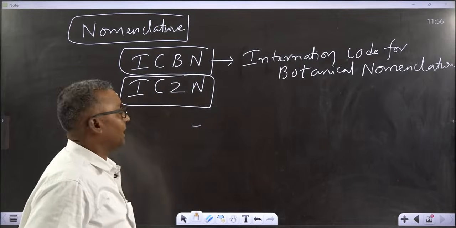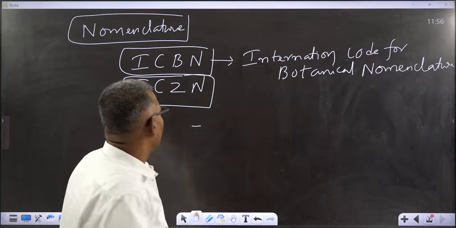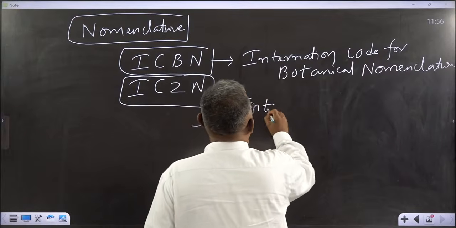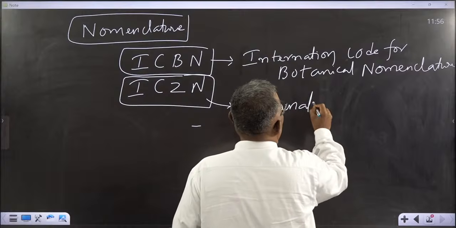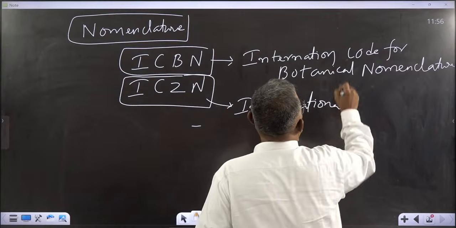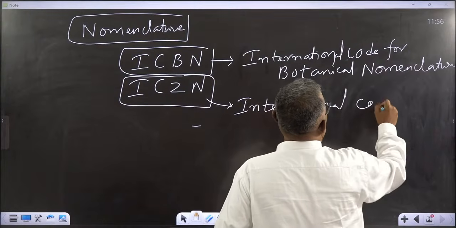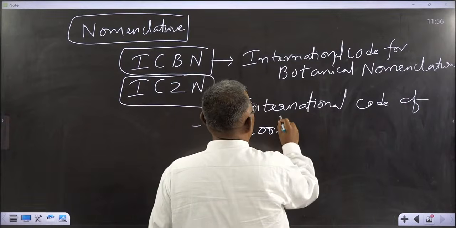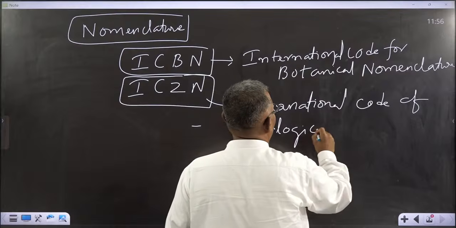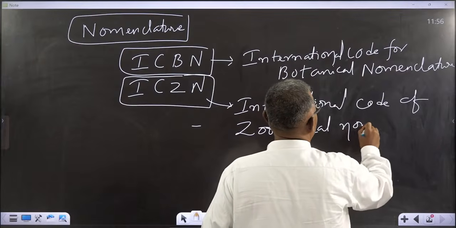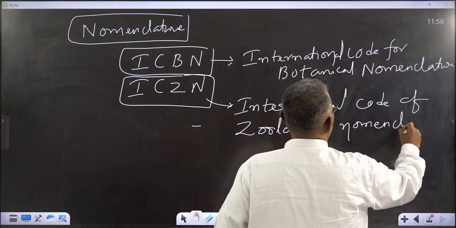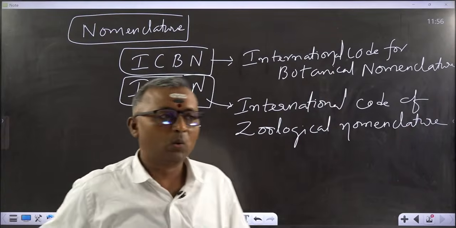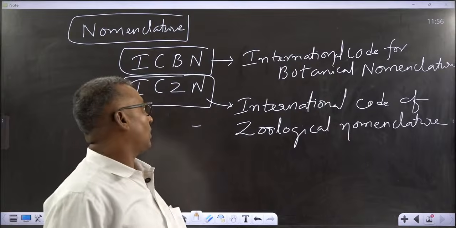So that is ICBN. Whereas ICZN, it is International Code of Zoological Nomenclature.